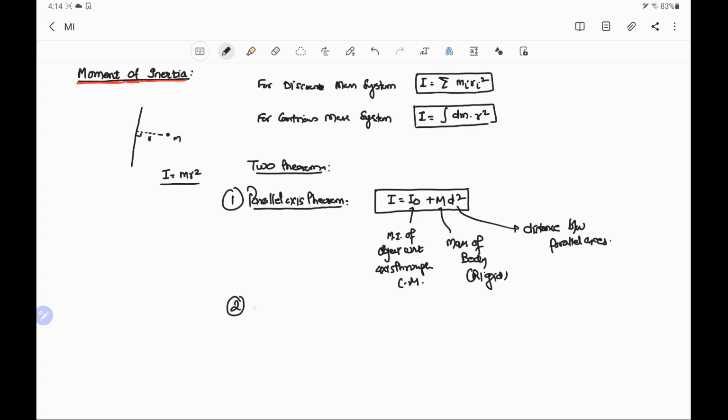One more theorem is the perpendicular axis theorem. It can be mathematically written as Iz equal to Ix plus Iy.